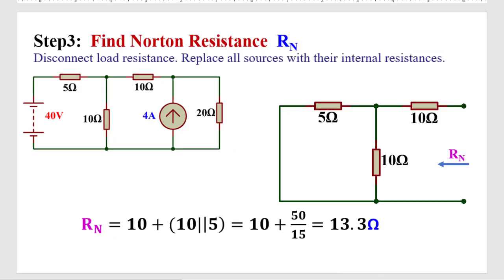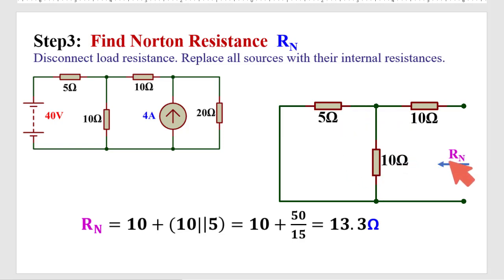Next, for Norton resistance, the load will be removed, and the sources will be replaced by their internal resistance. So the current source is completely open, and this voltage source is short circuited. All the other resistors, 5, 10, 10, remain as they are.